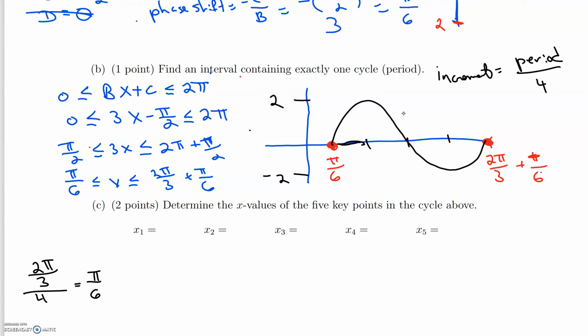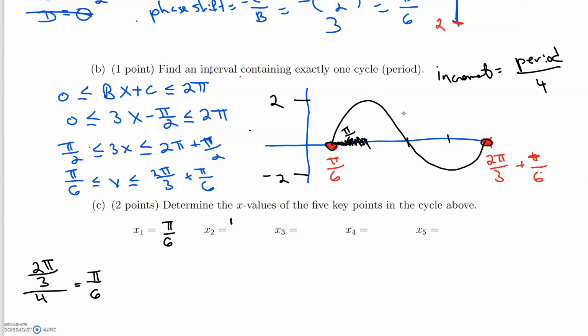Okay, so what does that mean? That means that this length right here is pi over 6. It happens to have also started at pi over 6. Don't let that confuse you. That's just a particular thing in this problem. But for each one of these points, x sub 1, x sub 2, and so forth, x sub 1 is the beginning point, pi over 6.